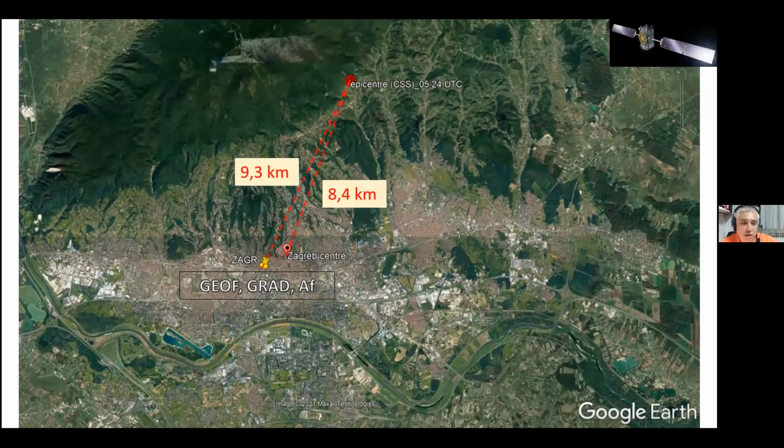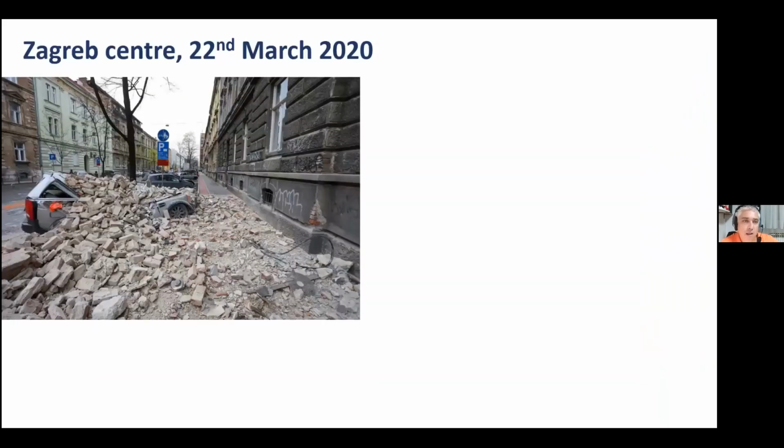This is the location where 3 faculties, namely the Faculty of Geodesy, which is my faculty, the Faculty of Civil Engineering, and the Faculty of Architecture, are headquartered in the same building, marked with the yellow pin.